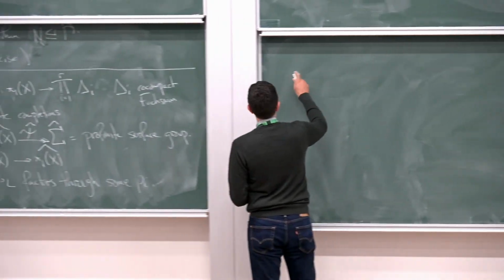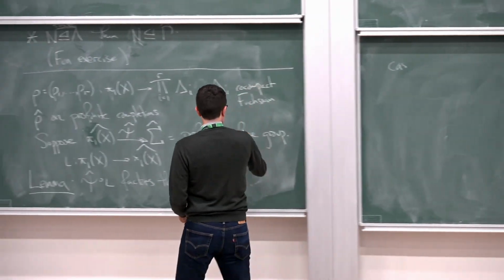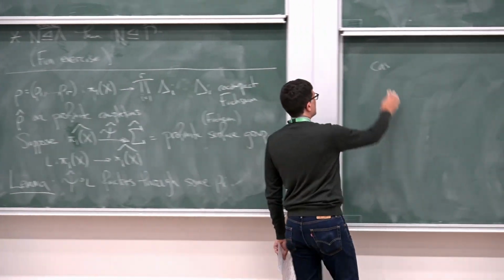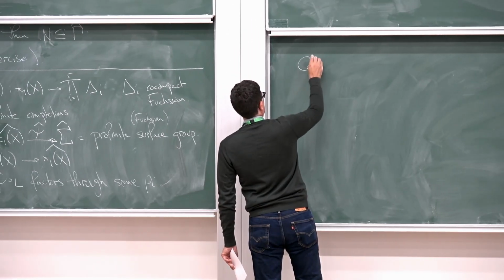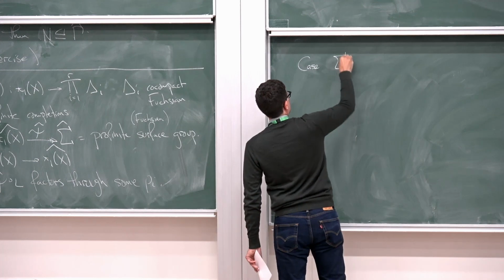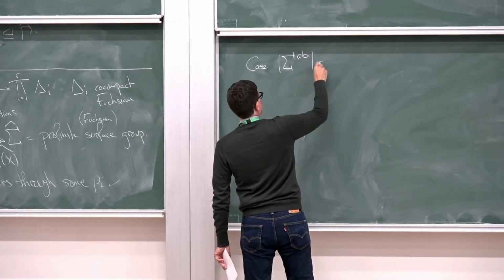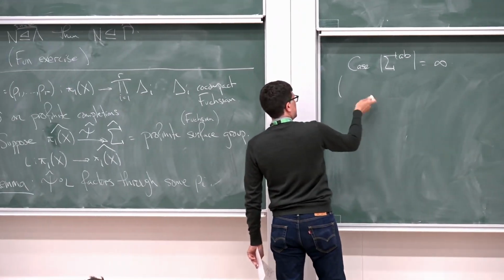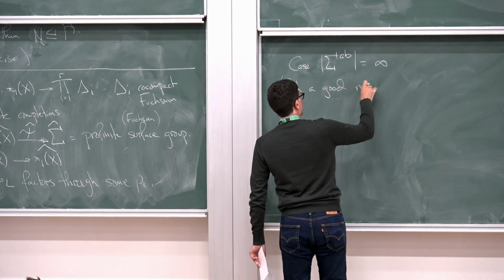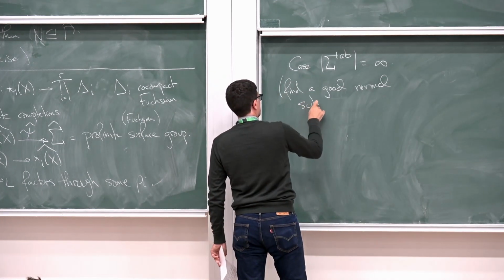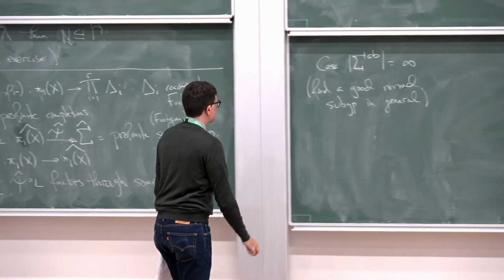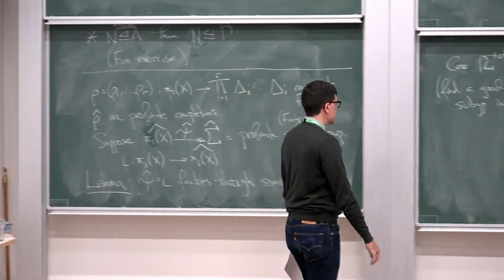So maybe look at the case. So profinite or Fuchsian group, right? We need to deal with an arbitrary Fuchsian group, but let's just consider the case where the abelianization of this is infinite. Okay, and now you just need to find a good cover for the general case. So you need to pass to a cover cleverly.